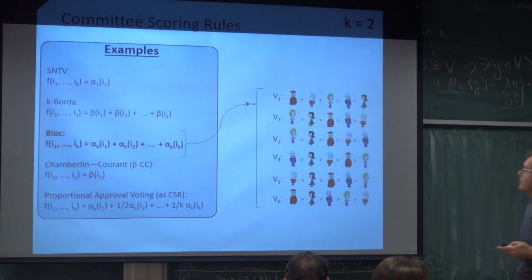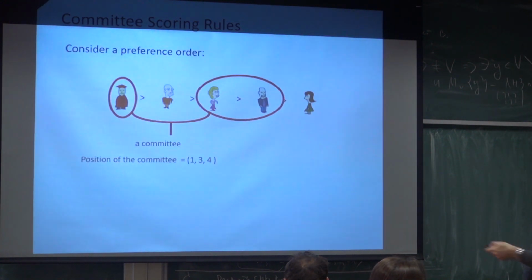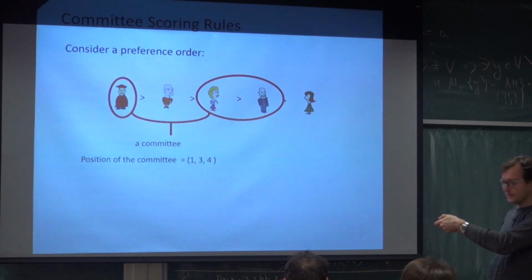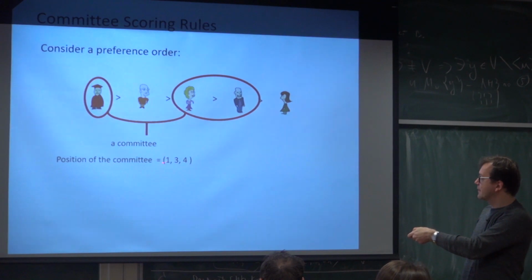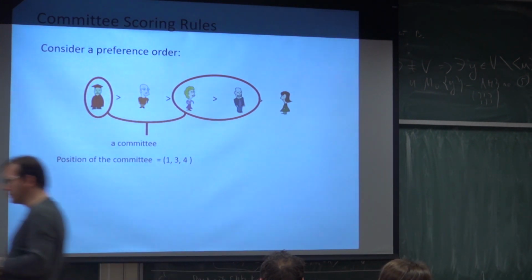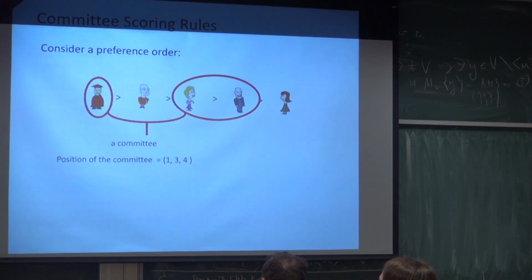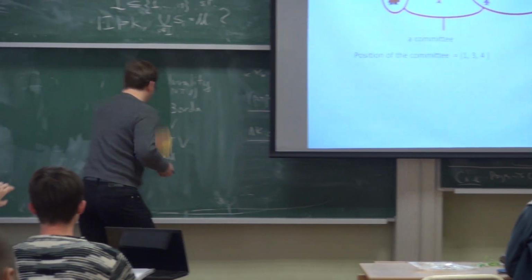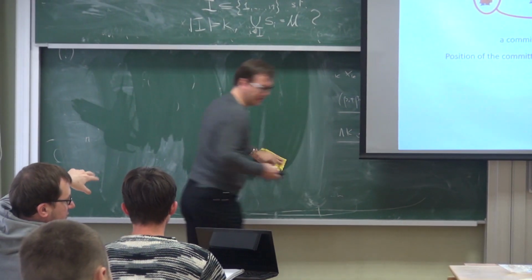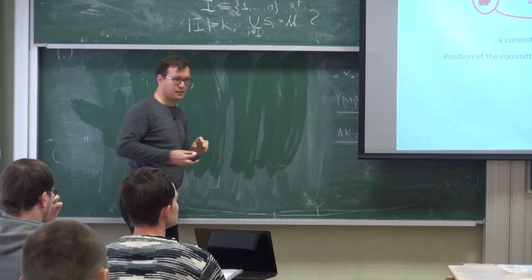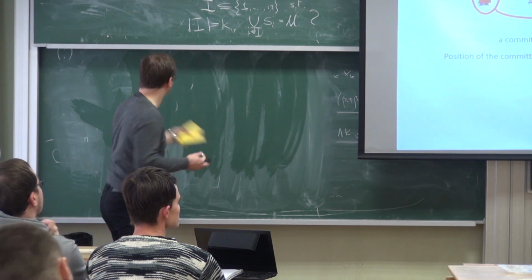So again, going back to this: for every vote, we compute the positions of the committee, and it's a sorted vector. So maybe it would be important to draw another example. It's not the final order, it's just the order of one voter.